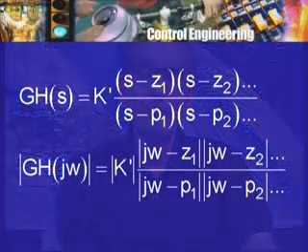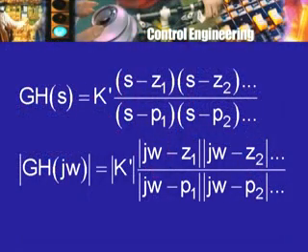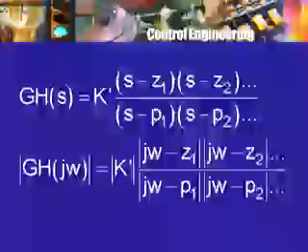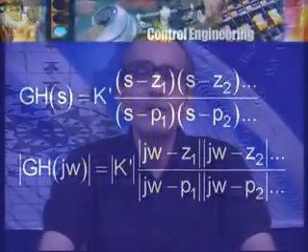As far as the phase or the argument is concerned, fortunately we do not have to be engineers, because the angle of a product is already the sum of angles, or the angle of a quotient of two complex numbers is the difference of two angles. So there is nothing like log required there, and therefore we do not have to do anything more than what anybody else would have done.